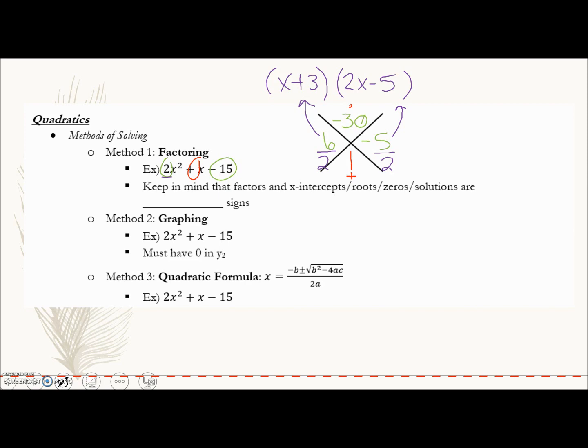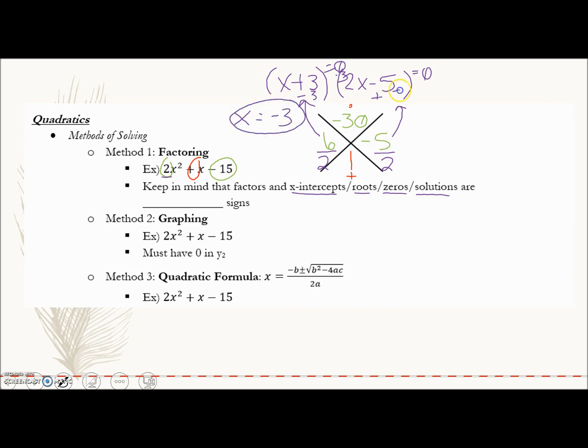So if the question asks what are the factors, then that would be your answer. But if it asks for the x-intercept, root, 0, solutions, if it asks for any of those, what you have to do is you have to set each of these parentheses equal to 0 and solve them. So when I solve x plus 3 equal to 0, I would subtract over the 3. So x would equal negative 3 in this case.